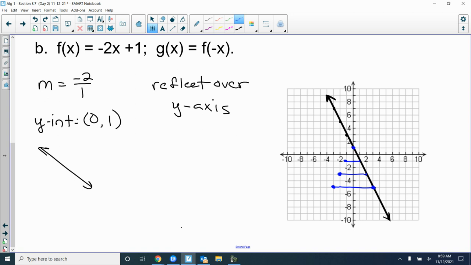Now it's at negative 1, I got to go to positive 1. I'm at negative 2, I got to go to positive 2. And I'm at negative 3, I got to go to positive 3. So I'm going straight across to get to that point, and now I can go back and erase.